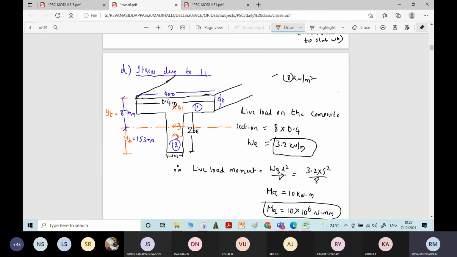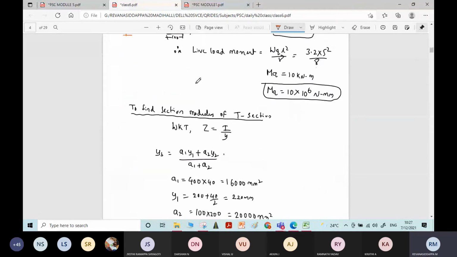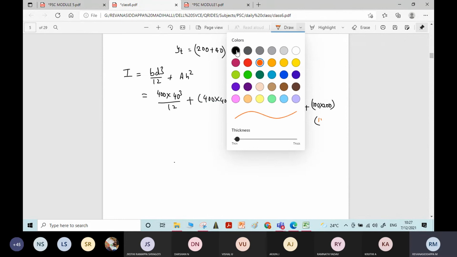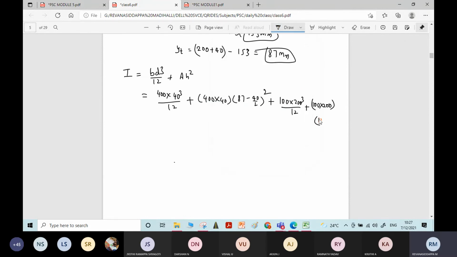Okay. Distance between G2 and G: from bottom fiber, distance of centroid of whole figure is 153. 153 minus 200 divided by 2 means 100. 153 minus 100 if you do, we will get distance between centroids, center of one figure to that of center of rectangle 2. That is 53 mm we will get. Correct? Therefore, 153 minus 200 divided by 2 whole square.